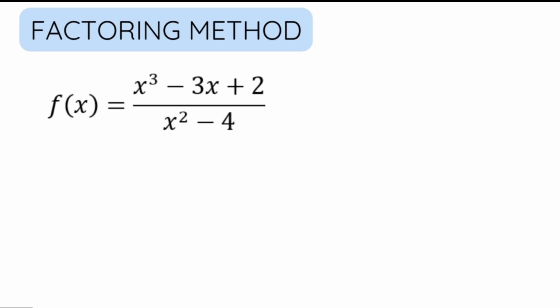Now let's factor it out. We'll divide x cubed minus 3x plus 2. Next, you must factor the denominator, x squared minus 4. Now this is a difference of squares, so we can factor it as x squared minus 4 equals the quantity x minus 2 times the quantity x plus 2.